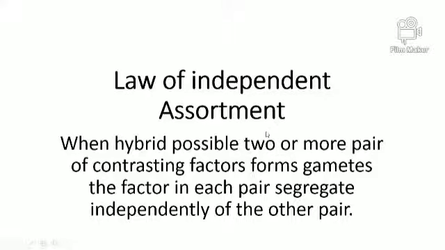Then the law of independent assortment. This is again Mendel's third law. When a hybrid possesses two or more pairs of contrasting factors and forms gametes, the factors in each pair segregate independently of the other pair.